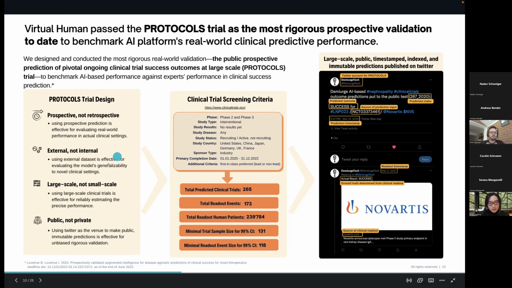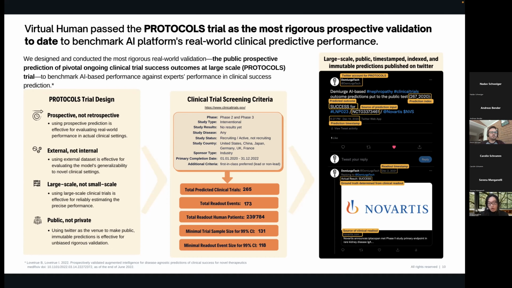Also importantly, this validation is an external validation. By external, it means that the data we use to build the platform has very little overlap with the data to test the platform. Because our platform was built from understanding and labeling publicly available biological data, we did not use any past historical clinical trials to train our platform.